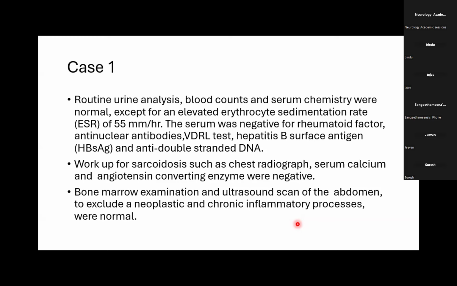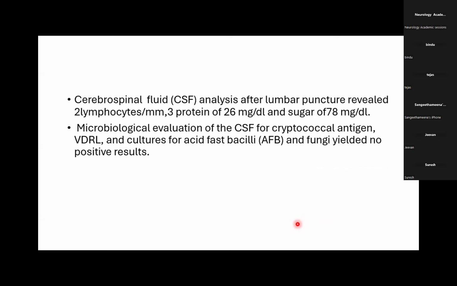Bone marrow examination and ultrasound scan of the abdomen to exclude a neoplastic and chronic inflammatory process were normal. CSF analysis revealed two lymphocytes, protein of 26, and sugar of 78 milligram per deciliter. Microbiological evaluation of CSF for cryptococcal antigen, VDRL, and culture for acid fast bacilli and fungi yielded no positive results.